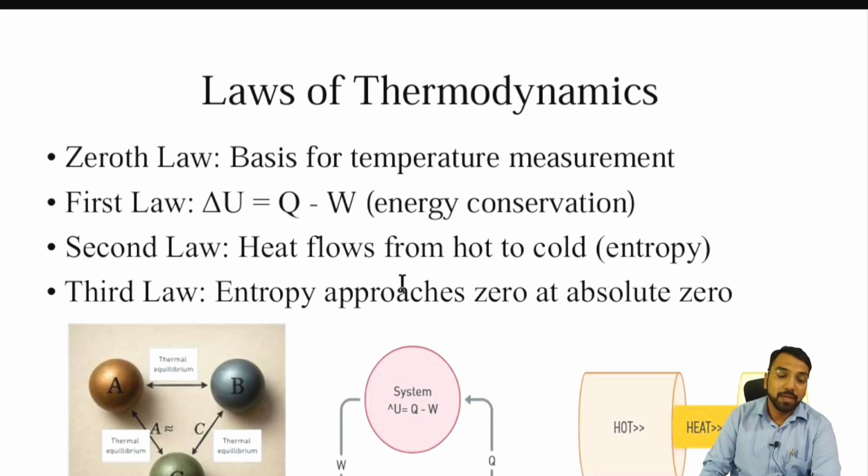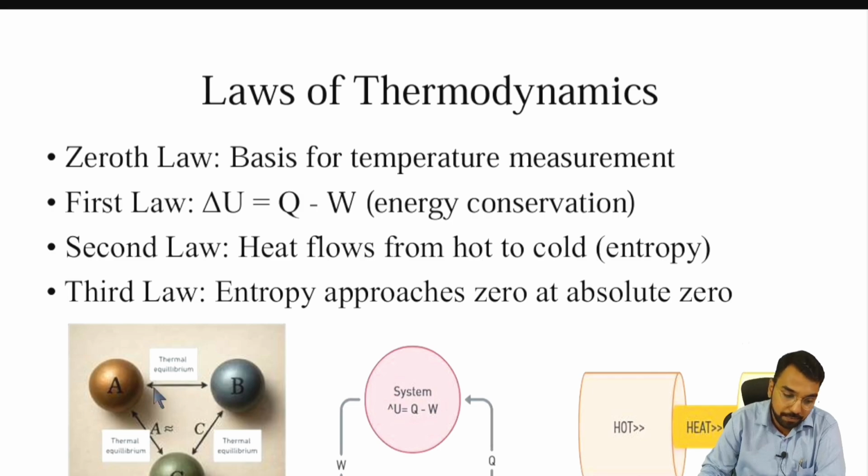The zeroth law. Let's say in this figure, sphere A and sphere B are in thermal equilibrium with each other. In the same figure, sphere A and sphere C are also in thermal equilibrium with each other.